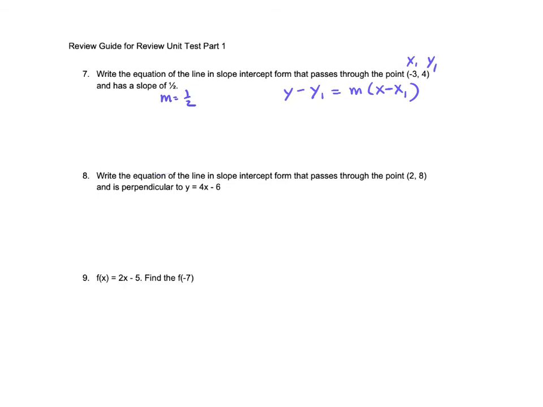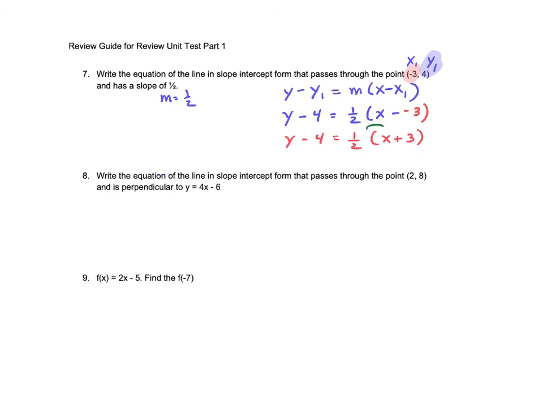Y minus my y1 value, be careful, because it's the second point, the y value, equals m, which we now know is a half, x minus my x value. Be careful, the x value is that first one, and it's negative, so that's minus a negative 3. So we just have to now do cleanup work. Double negative, so it's x plus 3.